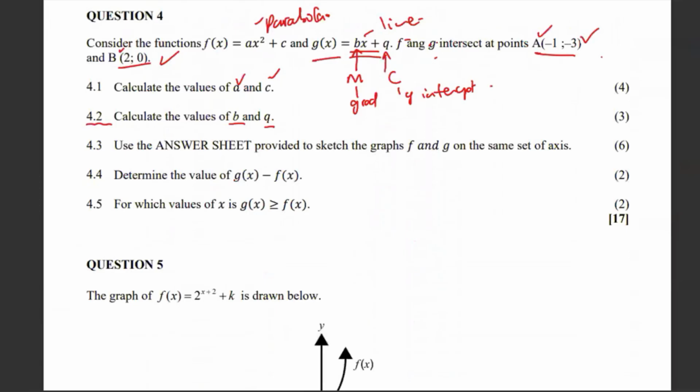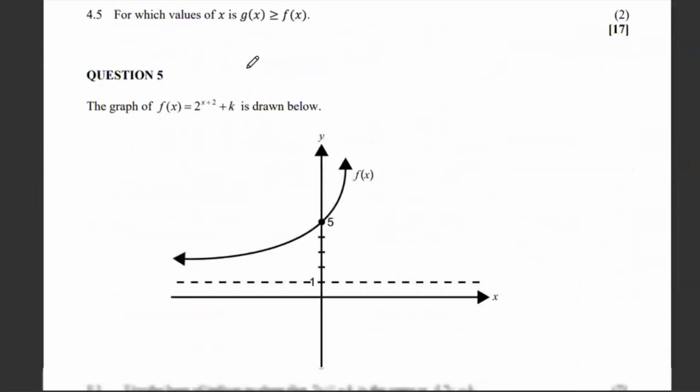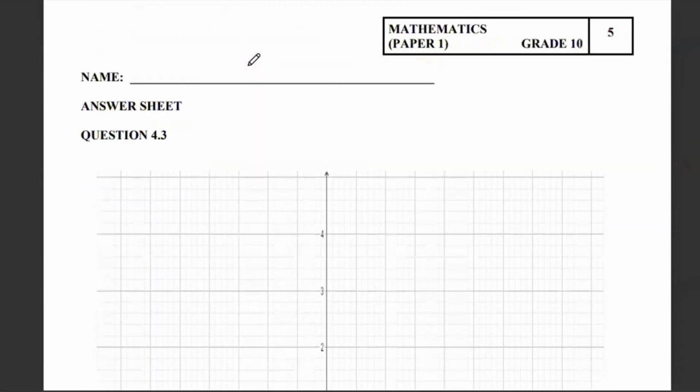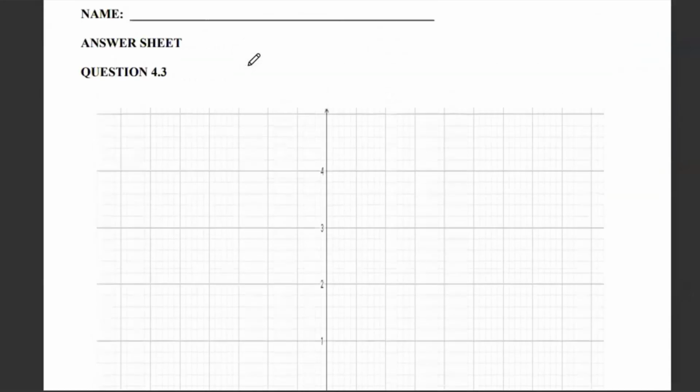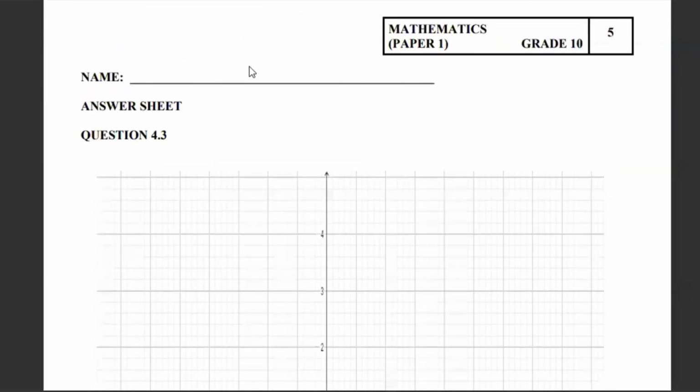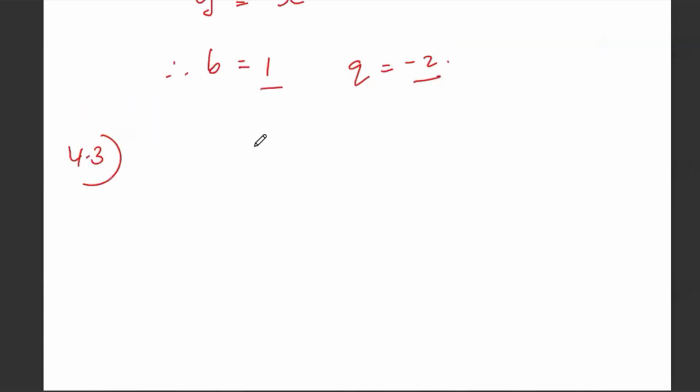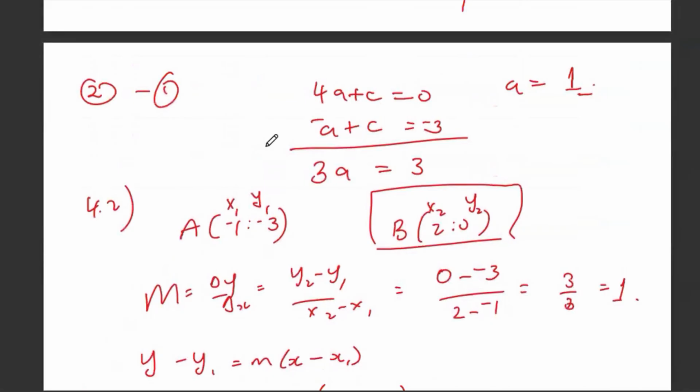Then 4.3. They're asking us to use the annexure to draw f and g. All right. So let's look at the annexures. For 4.3, the first equation, remember, what was our a? Our a was 1.